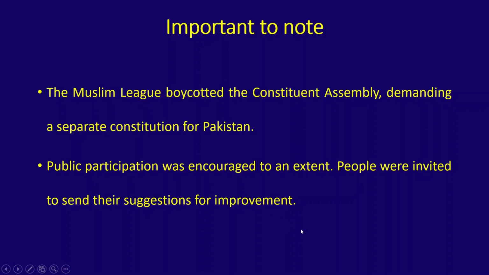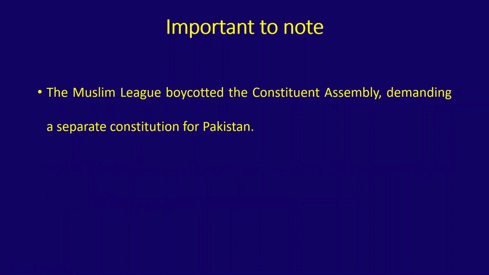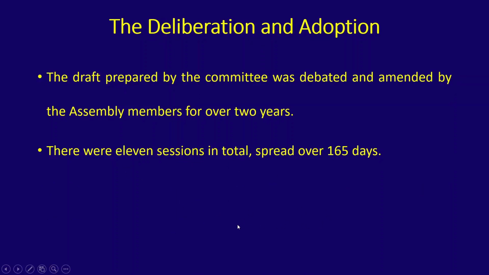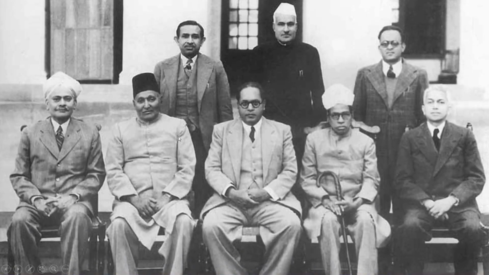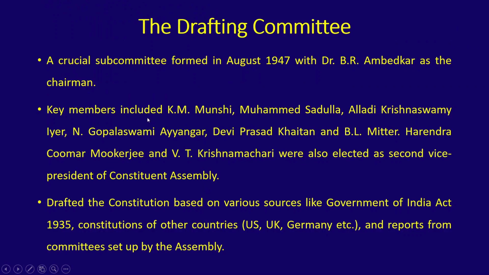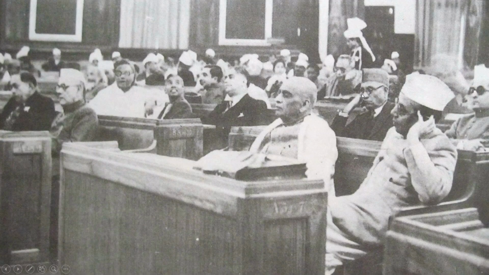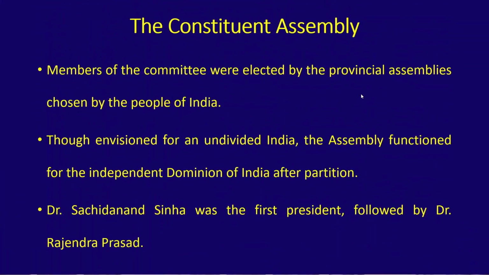So this is all about how the constitution of our country was framed. We have discussed mainly the timelines and dates you have to remember, and the drafting committee headed by Dr. B.R. Ambedkar, and the main points about the drafting committee, who were the members. You have to remember the names of the members, and this is the first meeting of the Constituent Assembly.